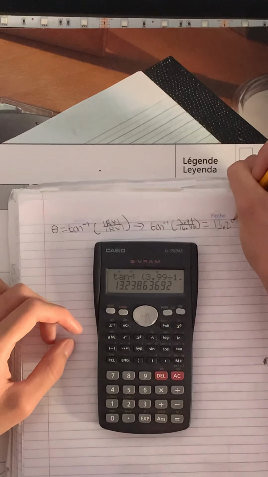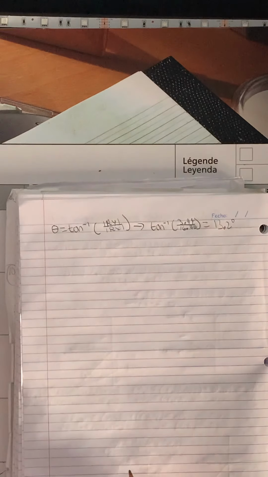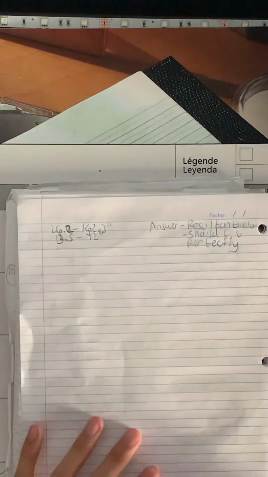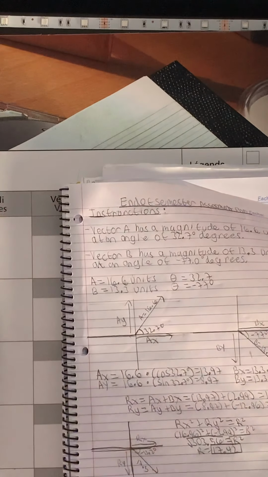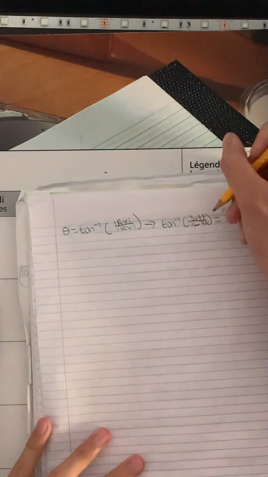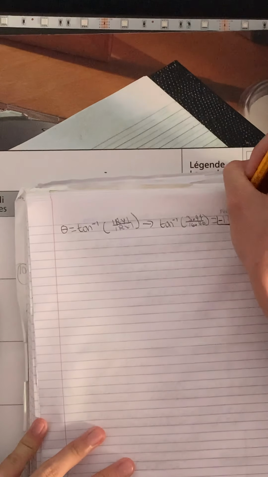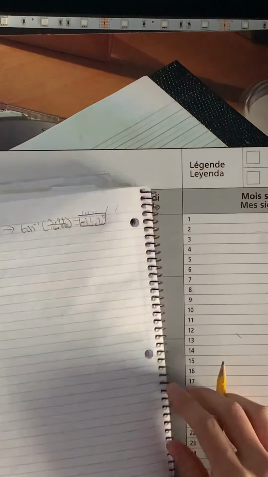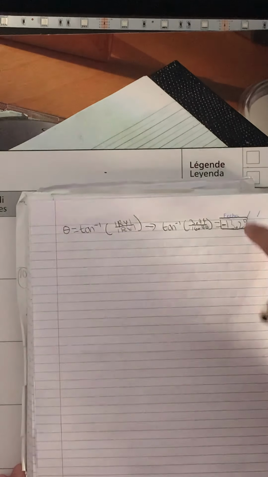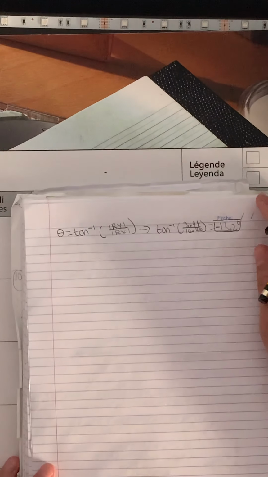And remember, since the resultant vector is looking downwards, the angle must be negative. So it will be negative 13.2 degrees. And as we got in the PhET simulator, we got negative 13.2 degrees, and here we got negative 13.2 degrees.